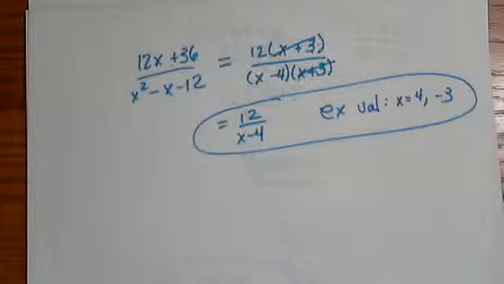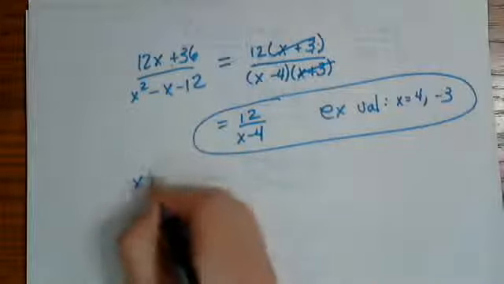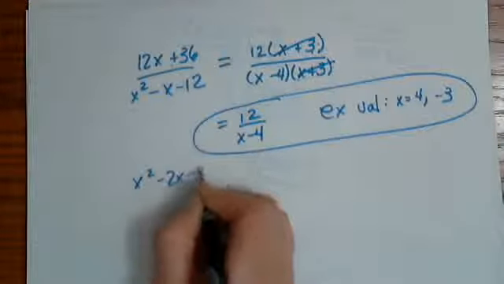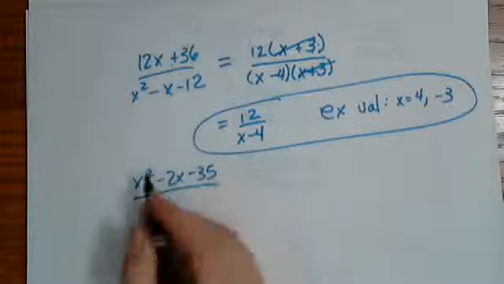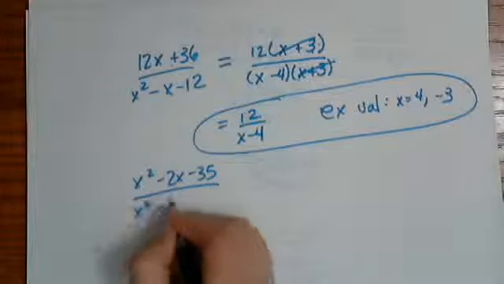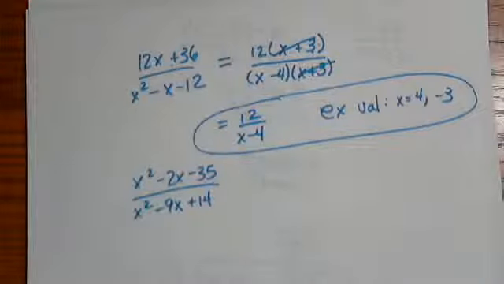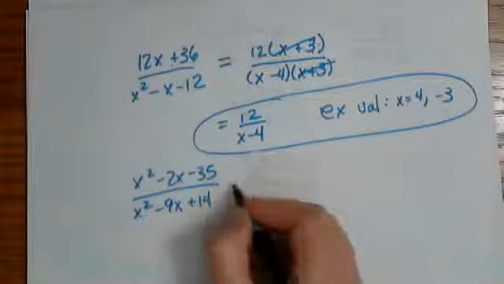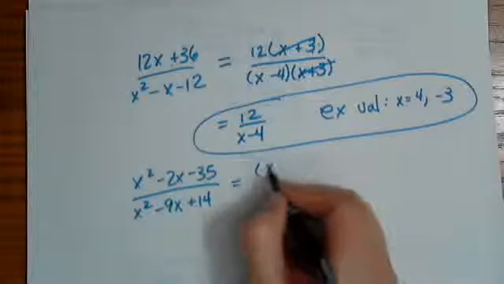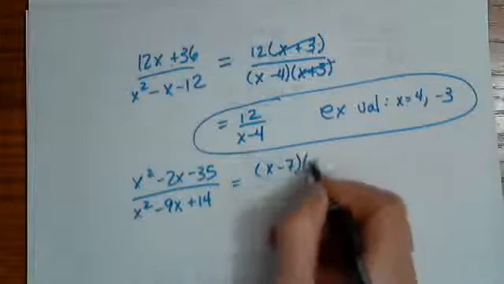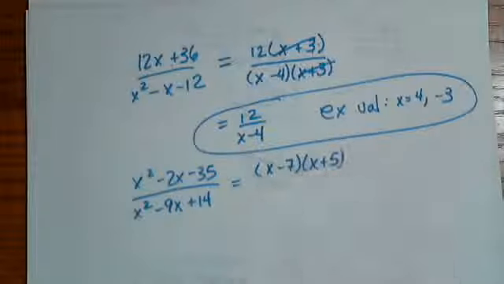Let's also do 5b. x squared minus 2x minus 35 divided by x squared minus 9x plus 14. Go ahead and pause it and try to do all of this on your own. When you come back and restart, you should be able to see that the top is going to factor to an x minus 7 times x plus 5.